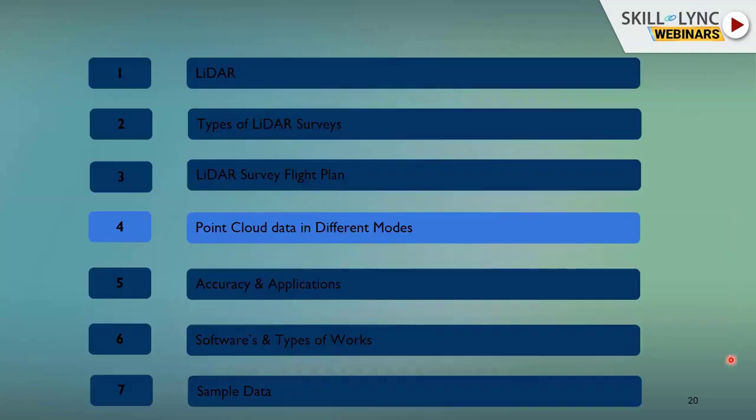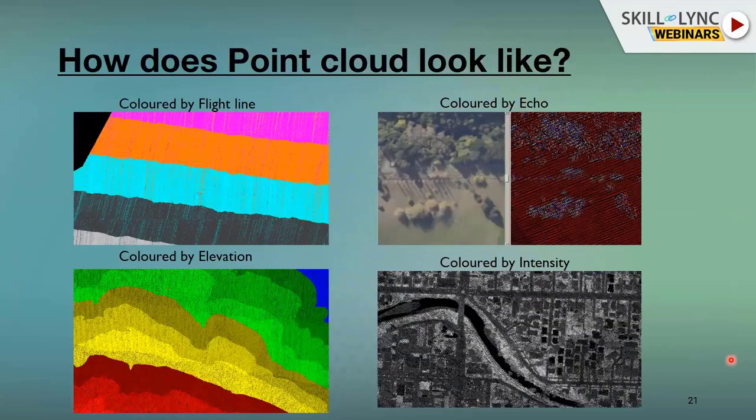The next is the point cloud data in different modes. As I said, point cloud data has a lot of attribute information. As I said in the previous slide, we can visualize the point cloud data colored by flight line, colored by echo, based on elevation values, and based on intensity. Why are so many options required? Let me give an example of intensity.